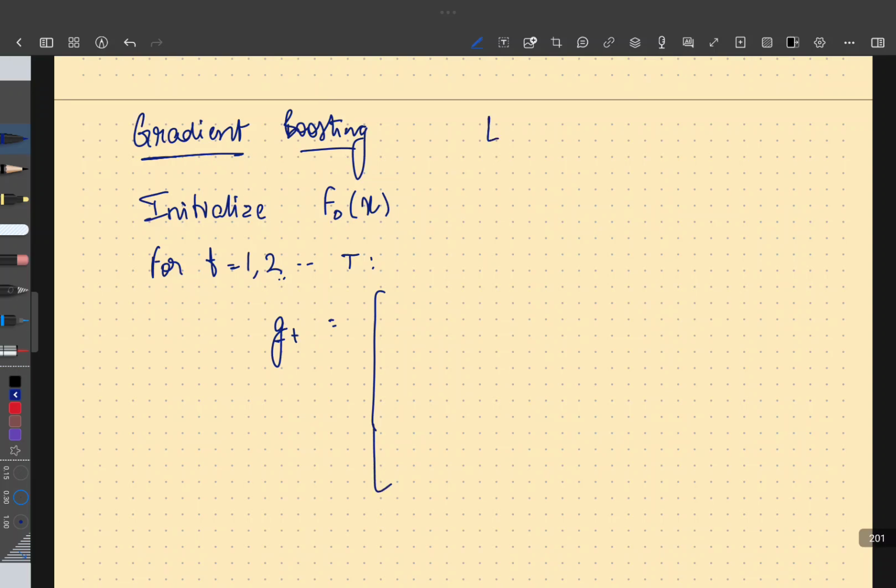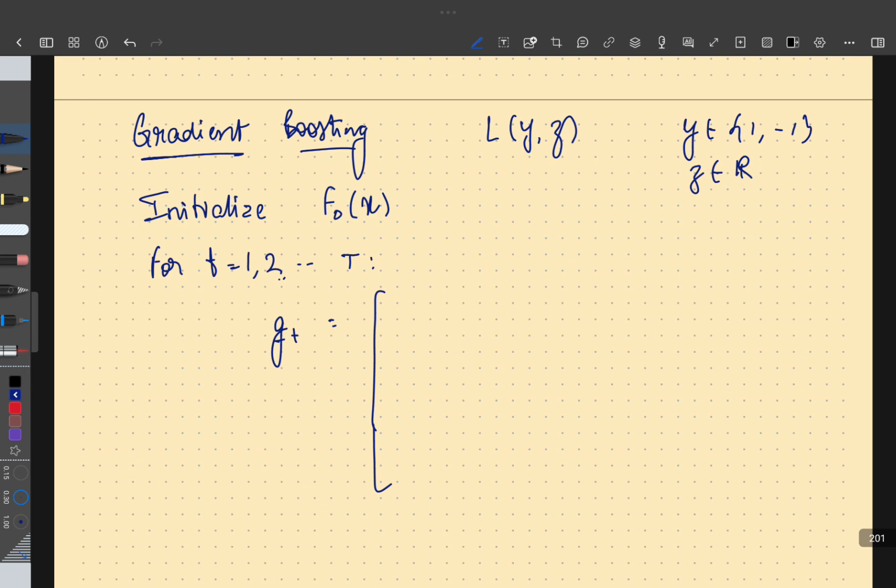In gradient boosting you have some particular loss function L of y comma z, where y is in {1, -1} and z could be an arbitrary real number. And I'm assuming that the loss function is differentiable with respect to z. That's an assumption we'll work with.